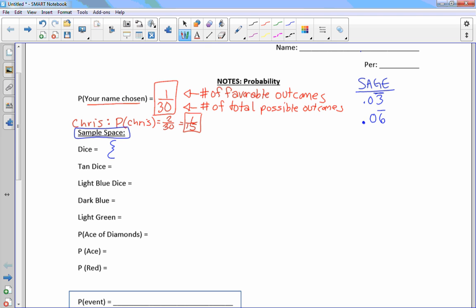So on a regular die, our sample space is 1, 2, 3, 4, 5, 6. It's the set of 1, 2, 3, 4, 5, 6. So a set is that collection, so we put squiggly braces around them. Okay? And in total, there are 6 outcomes, right? Number of outcomes. And that would be the denominator for your probability.